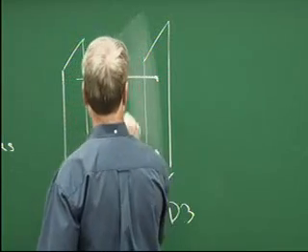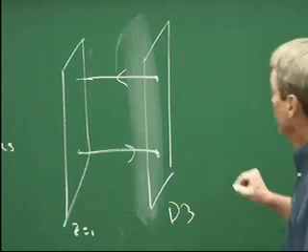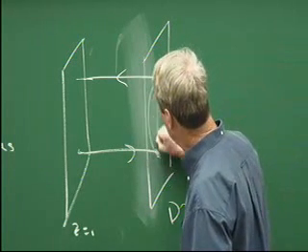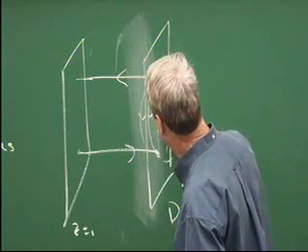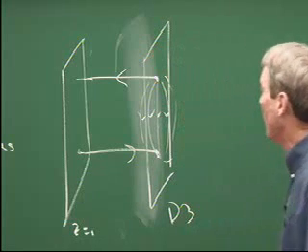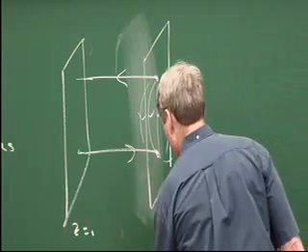But once a string ends on a D3 brane, it doesn't just end, its source is flux. But the flux is just a U(1) gauge field, and it's free to spread within the D3 brane. And so you get a Coulomb potential for a different reason than you did in the AdS space, but it's still Coulombic. That's a general thing.